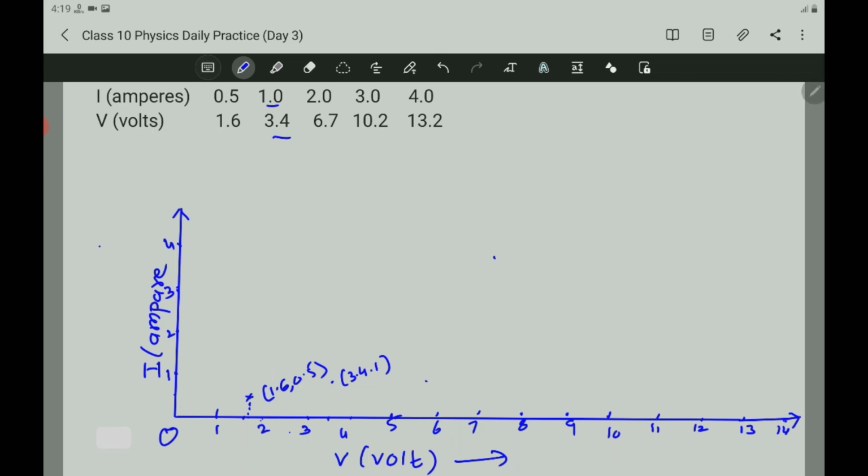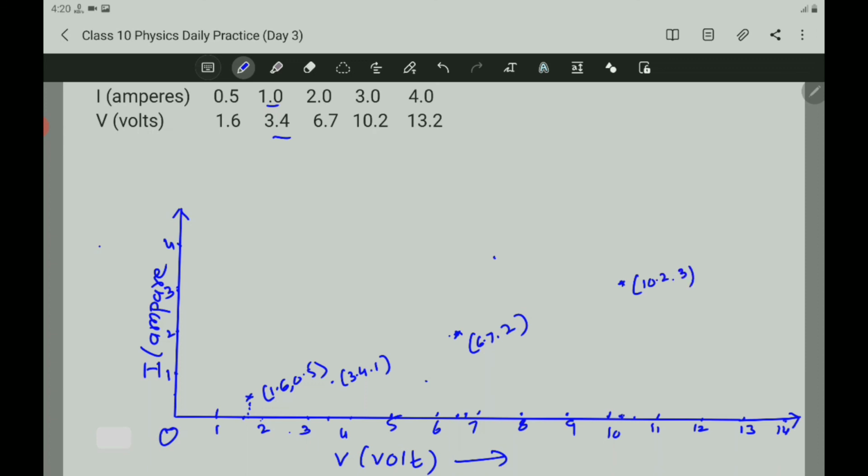Next 6.7, 2. 6.7 is a little more than 6.5, the middle of 6 and 7, so maybe here, and 2 can be taken here. Then the next one is 10.2, 3. 10.2 is between 10 and 11, approximately 10.5, so you can take it here, 10.2, 3.